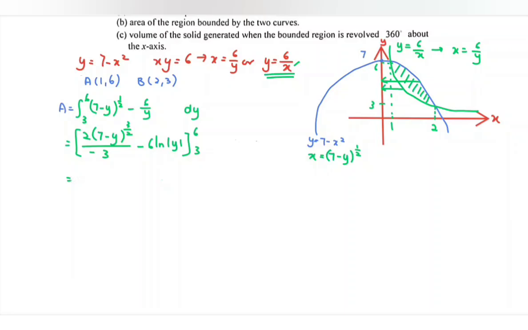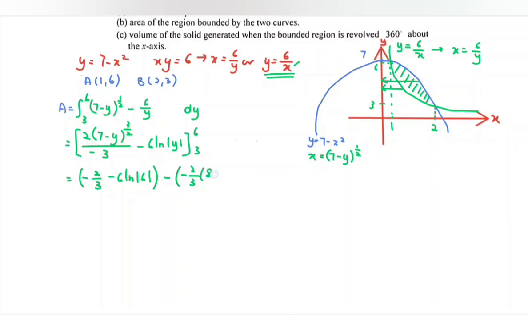Next is to substitute the 6. If we substitute the 6, here we will have negative 2 over 3 minus 6 ln 6. Next is to substitute the 3. If we substitute the 3, negative 2 over 3 bracket, 7 minus 3 and we will have 4, and then 4 to the power 3 over 2 gives 8.